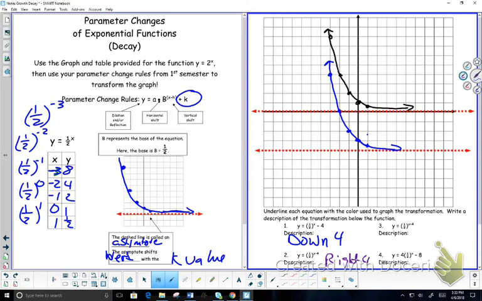So I go to each point and I just count to the right 4. Does my horizontal asymptote change on this one? No, it doesn't. Since it moves left and right, the horizontal asymptote will not change.